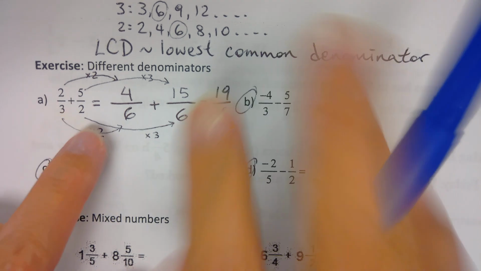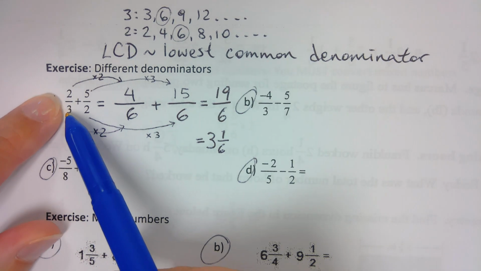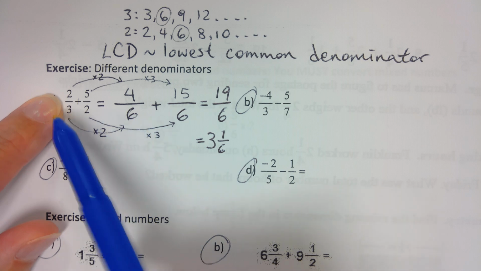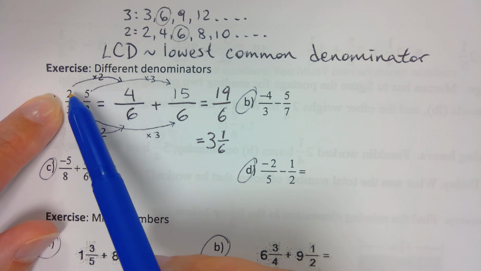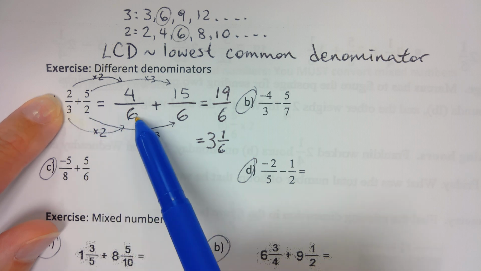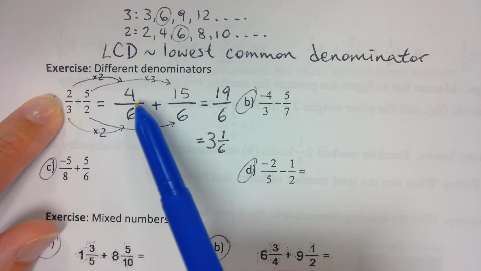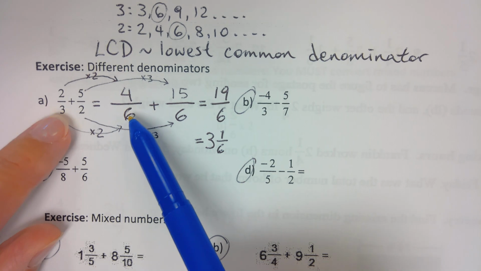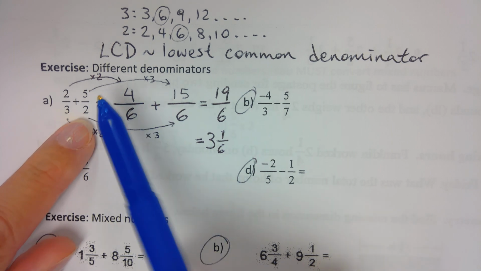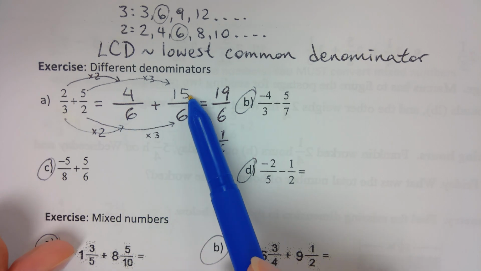Right? I can't just change 2 over 3 as 2 over 6. That would be changing the whole fraction. So whatever I do to the bottom, I have to do to the top. So 2/3, I have to multiply it by 2 to get the 6, so that means I have to multiply the top by 2 to get the 4. Okay? These are called equivalent fractions. So 5 times the 3 gives me 15.